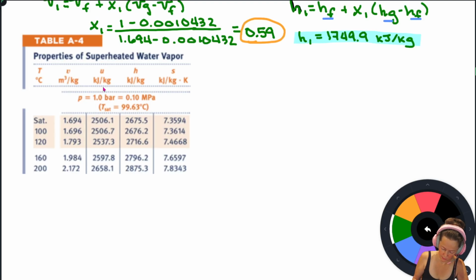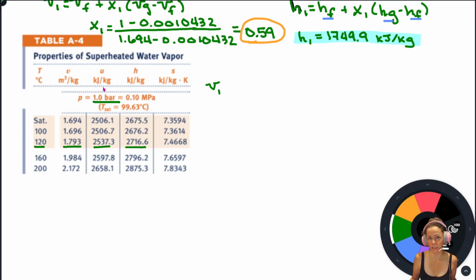And so it's in my superheated tables at 1 bar. So 1 bar, 120 degrees Celsius. I've got specific volume, internal energy, and enthalpy values that I can pull off the table. So I've got this guy, and this guy, and I need all of them because I'll need to draw things on my TV diagram as well. So I do need that specific volume. Oops, and it's not state 1. We're at state 2 already.